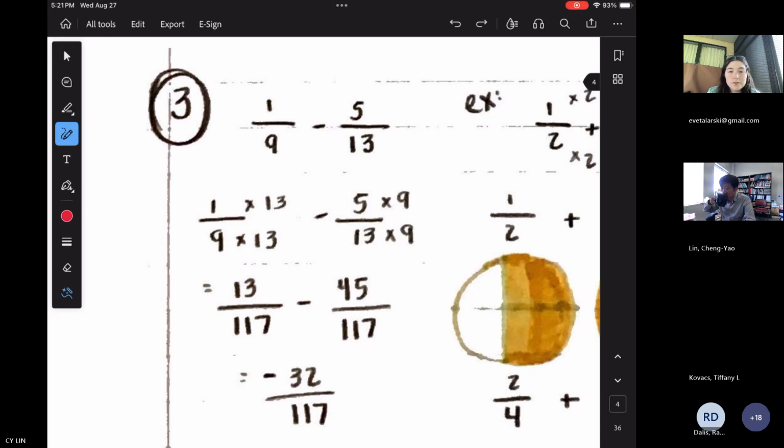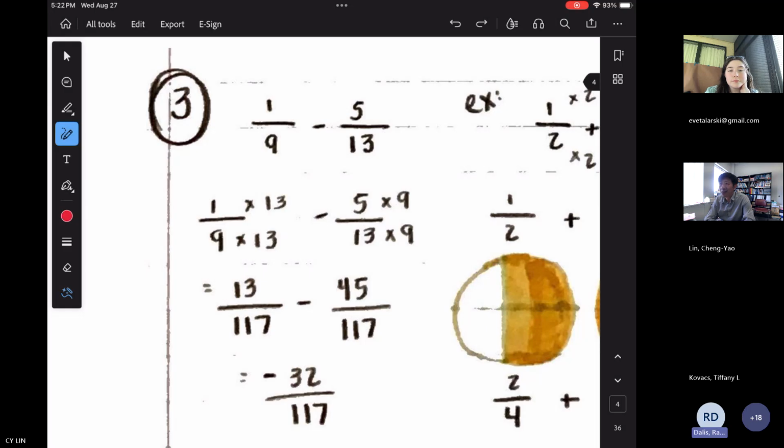Okay. Tell me, what is the first step you want to do in this problem? Find the least common denominator. Find a common denominator. Very good. But what is a common denominator?